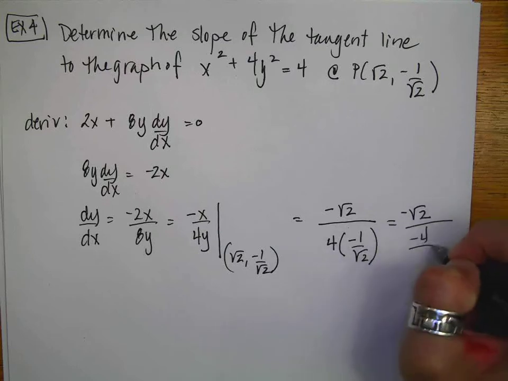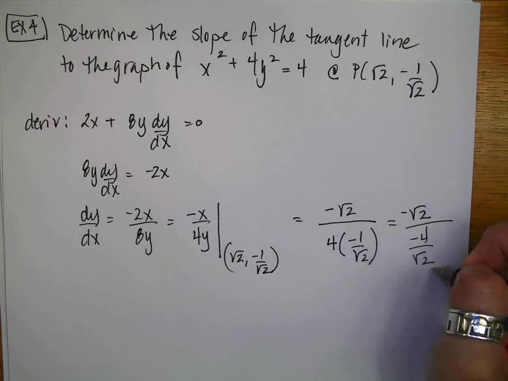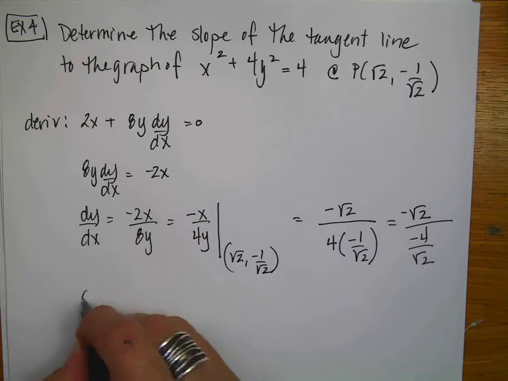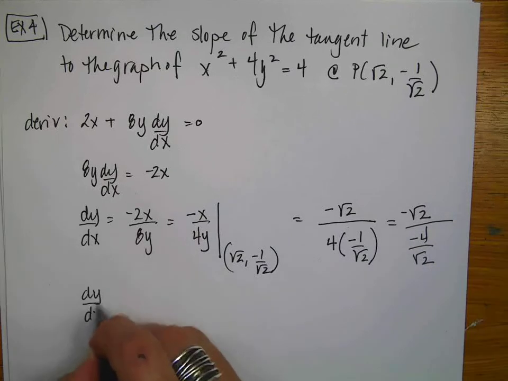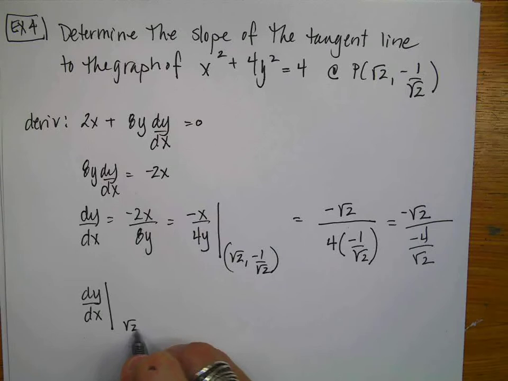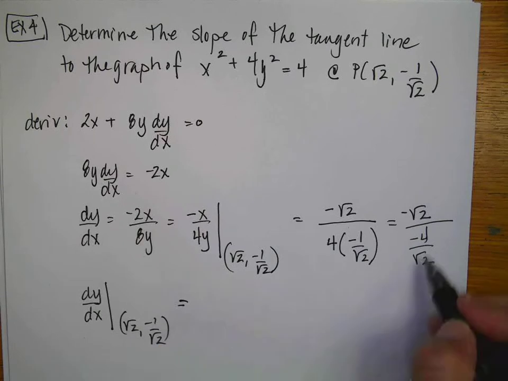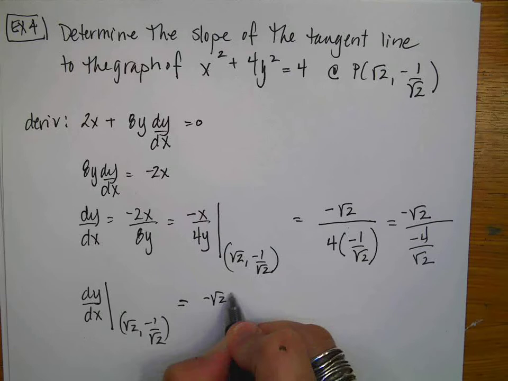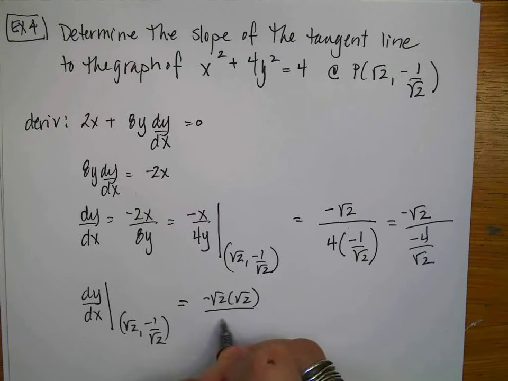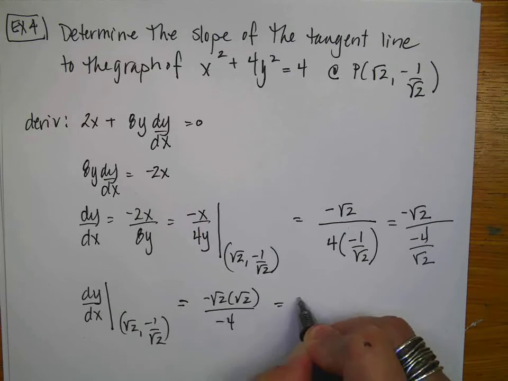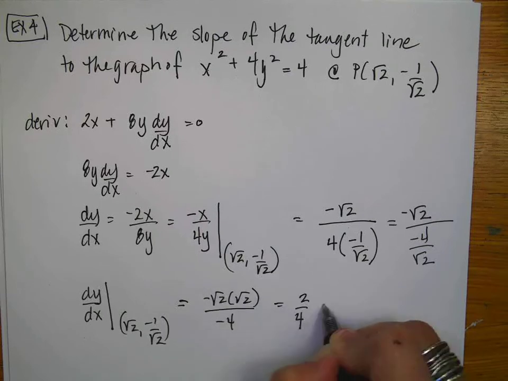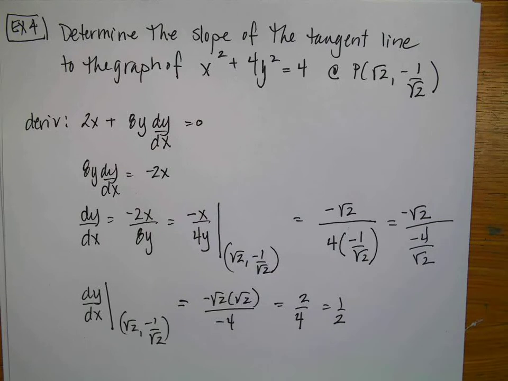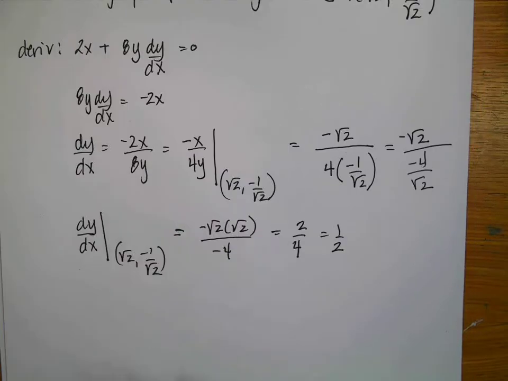Here's the radical 2, and then I have a negative 4 over radical 2. Fraction divided by a fraction, I get the reciprocal. So dy/dx evaluated at radical 2, negative 1 over radical 2 is going to equal negative radical 2 times radical 2 over negative 4, which is going to be 2 over 4, which is a half.